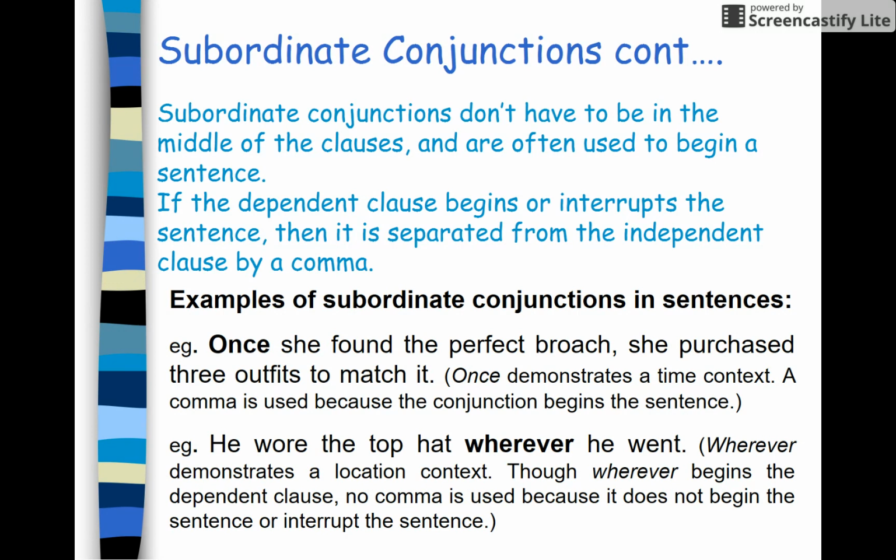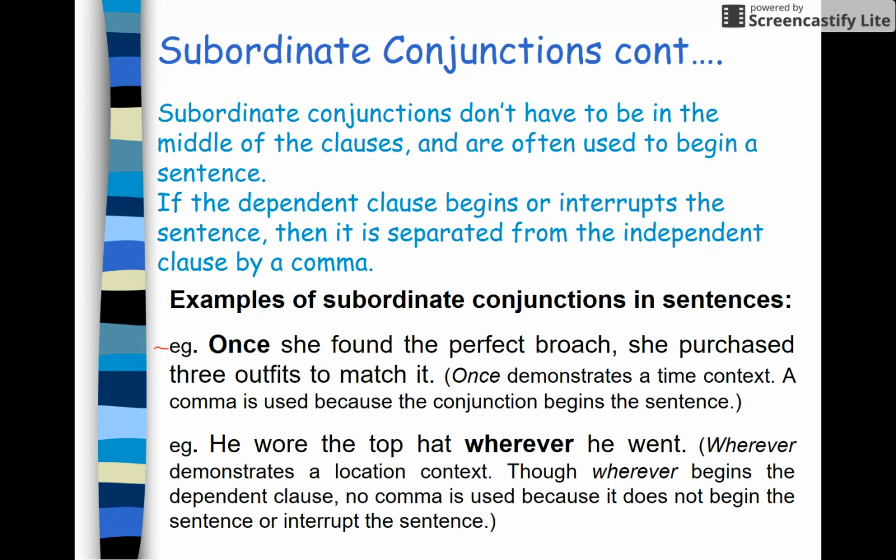So let's look at some examples. Now, these subordinate conjunctions don't have to be in the middle of the clauses, and they're actually often used to begin a sentence. Now, if the dependent clause, the extra piece of information, begins or interrupts the sentence, then it's separated from the independent clause by a comma. That sounds really complicated, so let's have a look at some examples. Here, we have, once she found the perfect brooch, she purchased 3 outfits to match it.